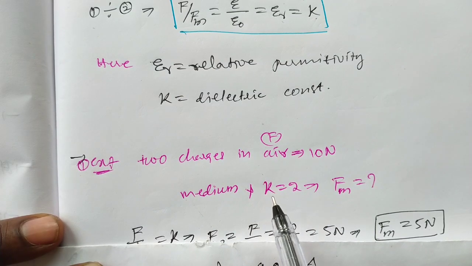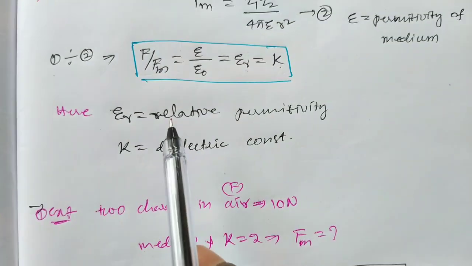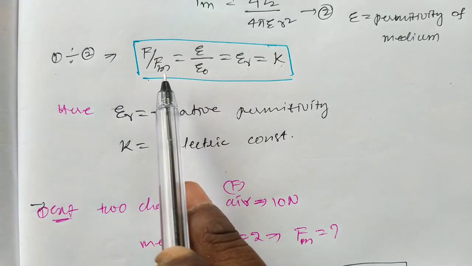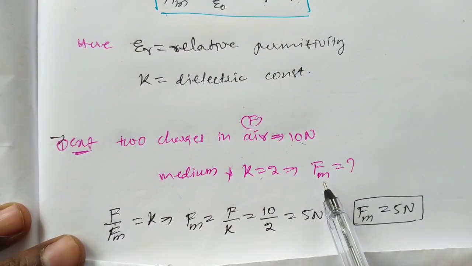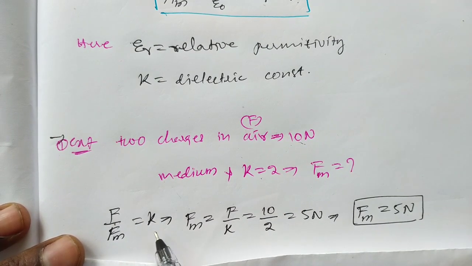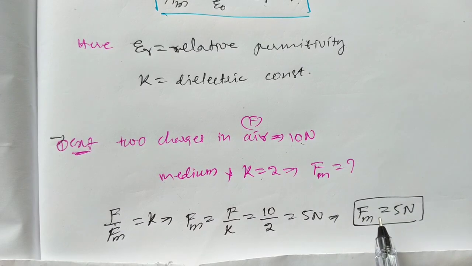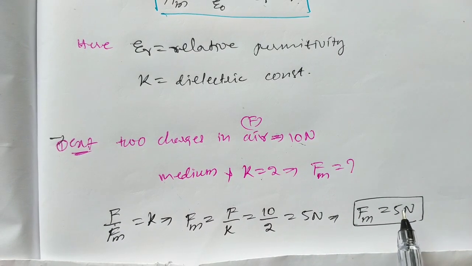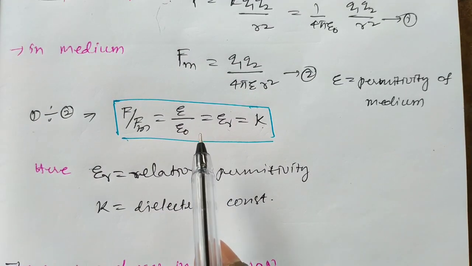The medium has dielectric constant K. What is the force in the medium? The relation is F by Fm is equal to K. Given F in air, the force in the medium is F by K, 10 by K, which gives 5 newtons. This is important for problems.